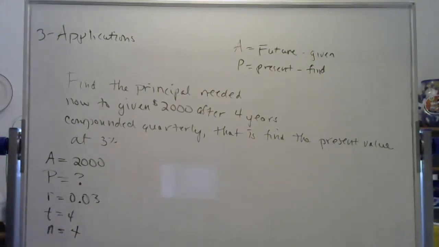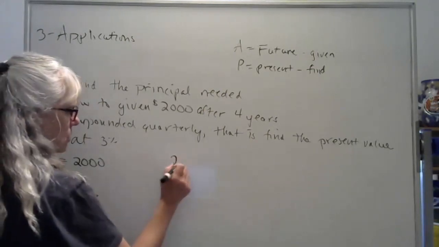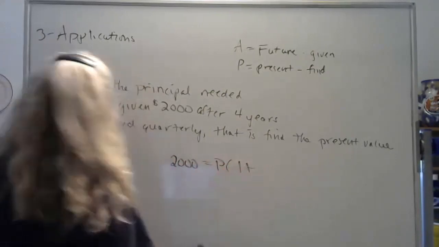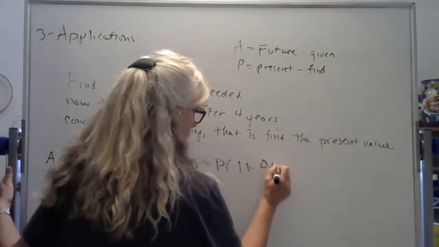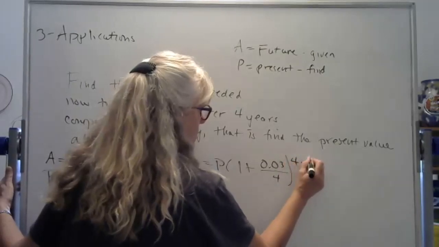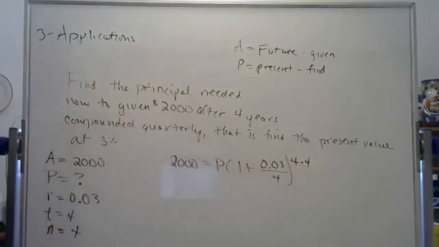Okay. So to set up the formula, we're going to have 2,000 equal to P times 1 plus 0.03 divided by 4, raised to the 4 times 4 as an exponent.